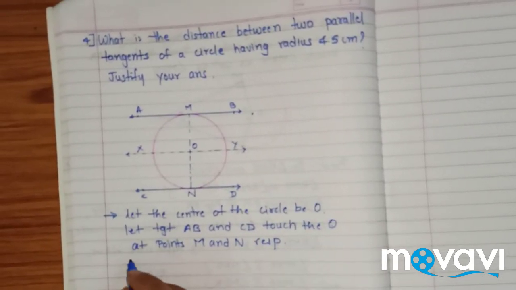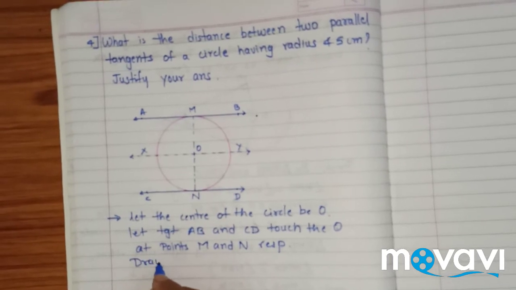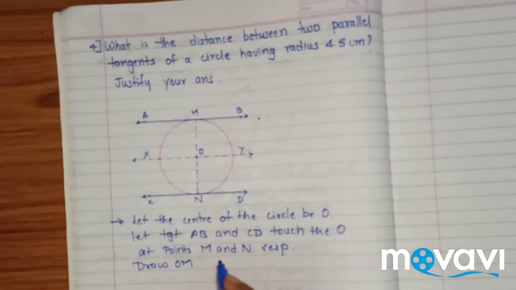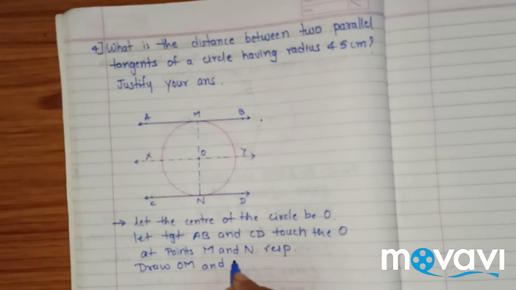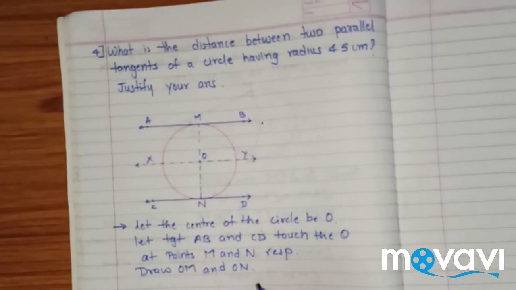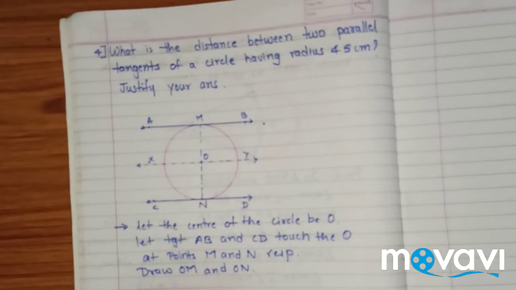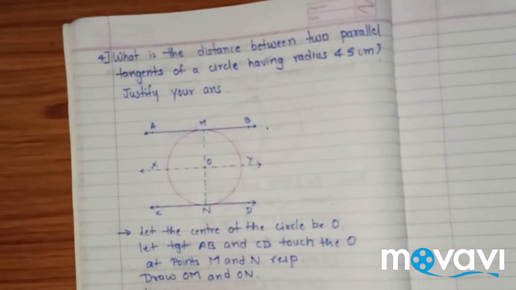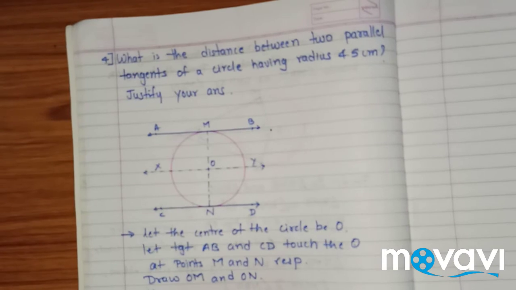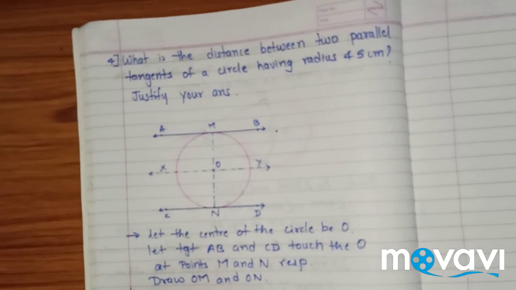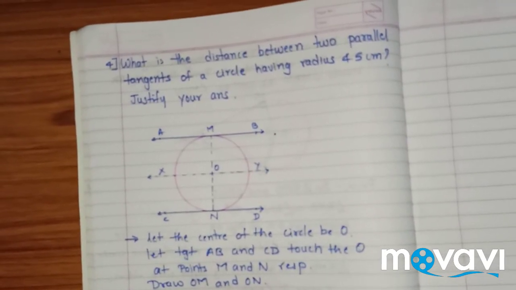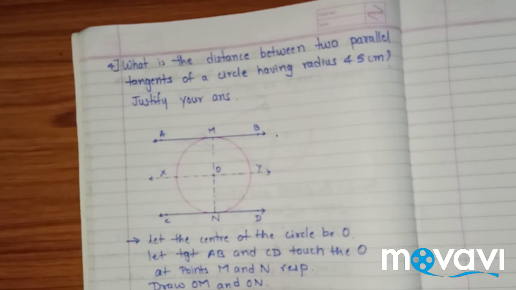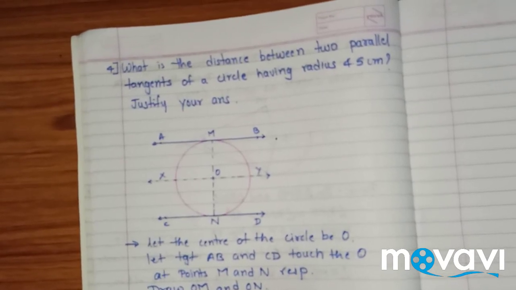Now let us draw OM and ON. Now you need to draw this line: draw line XY parallel to line AB.